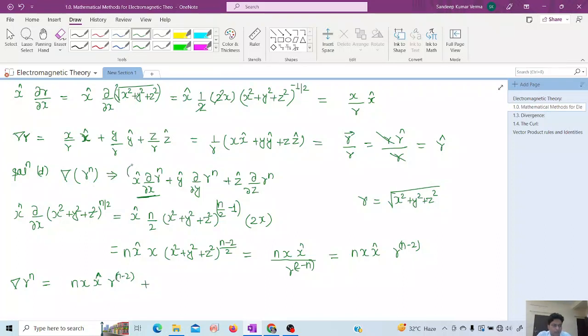Similarly, for the second and third terms it will be n y y cap r to the power n minus 2 and n z z cap r to the power n minus 2.